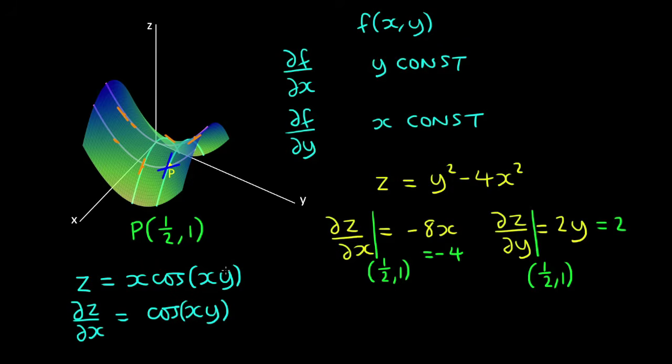So we're holding y constant, so we have minus x times y times sine xy. And evaluating the partial derivative of z with respect to y, we hold x constant, and y is the variable, so we get x multiplied by x by minus sine xy.